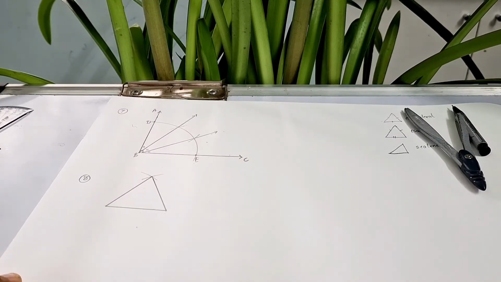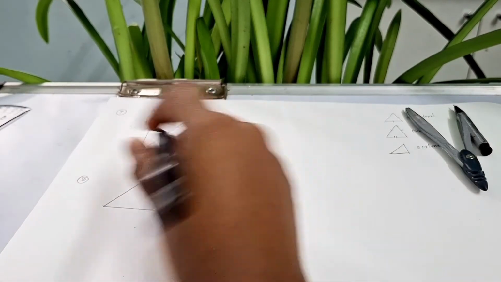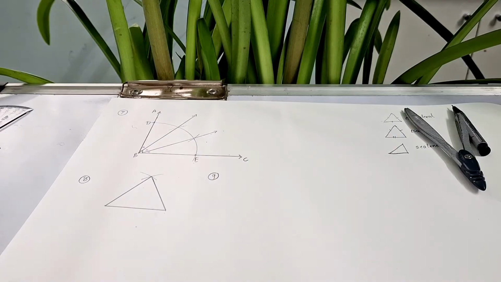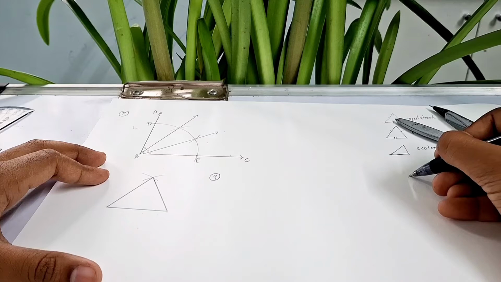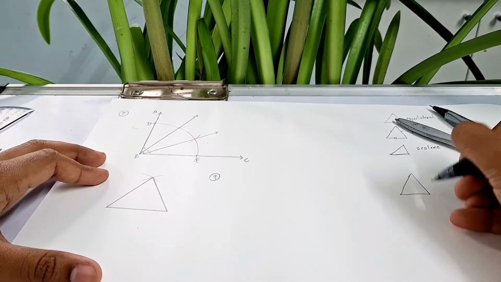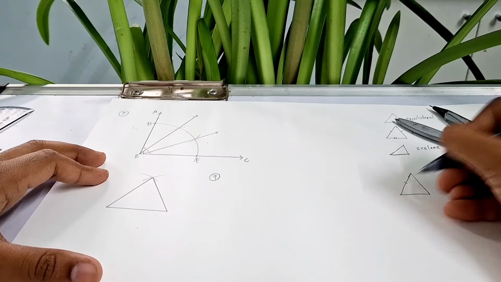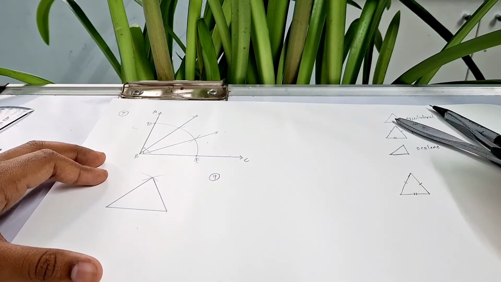In construction number 9, they have asked us to construct an isosceles triangle. Construct an isosceles triangle with one of the equal sides being 5 centimeter long and one of the equal angles being 65 degrees. So there are some properties of an isosceles triangle, out of which there are two main properties. As I told you, the two sides of an isosceles triangle are equal but the third side measures different.